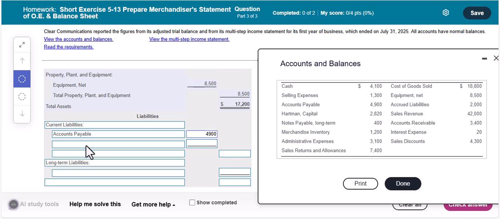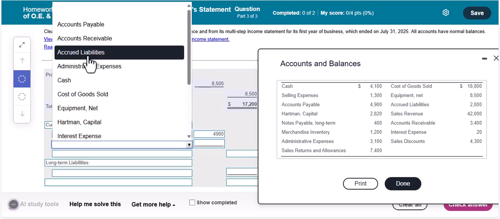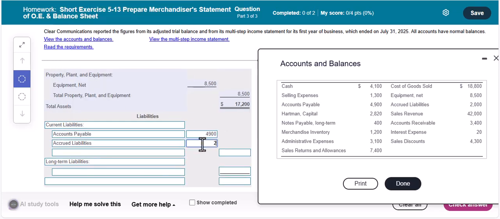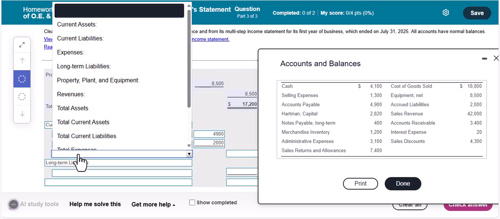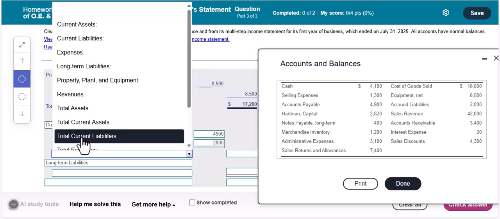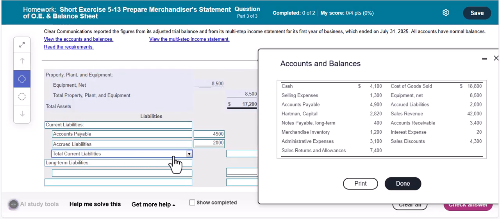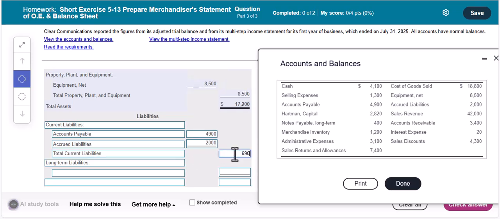So let's go ahead and input accrued liabilities here for that $2,000. And now we have that right here, so that means they want us to tie up our current liabilities section. So let's put in total current liabilities for that label and add these up. So that is going to be 6,900 for our current liabilities.